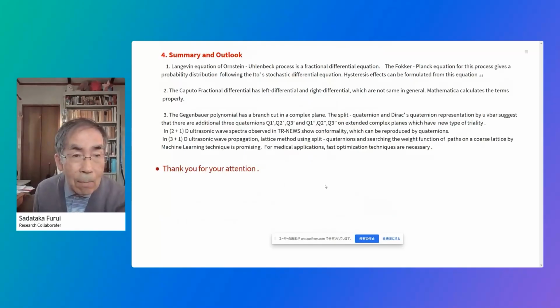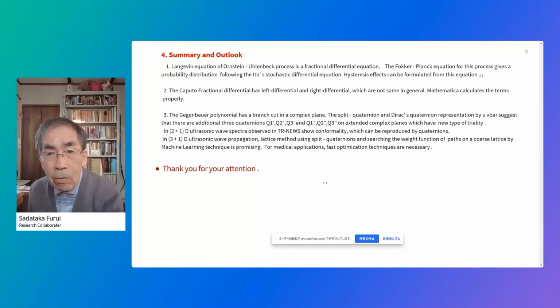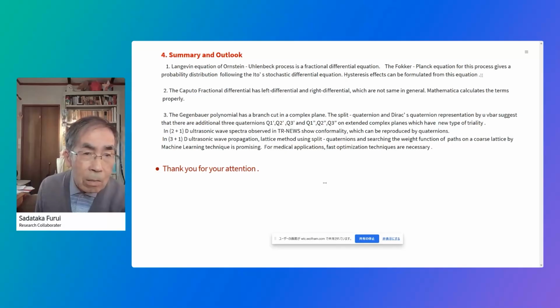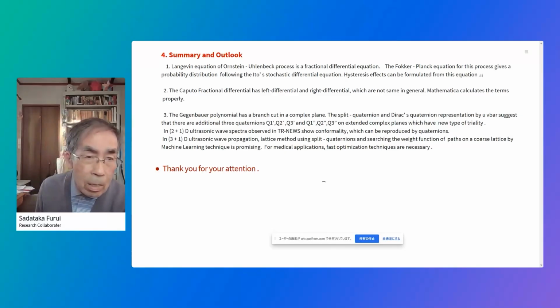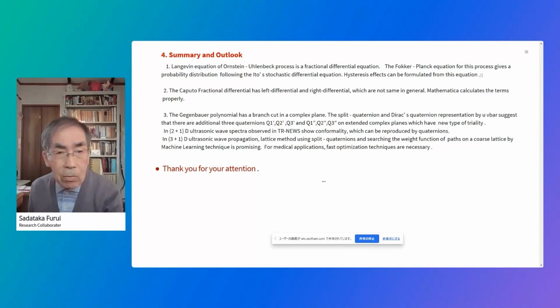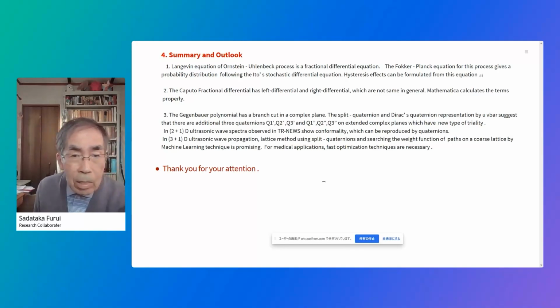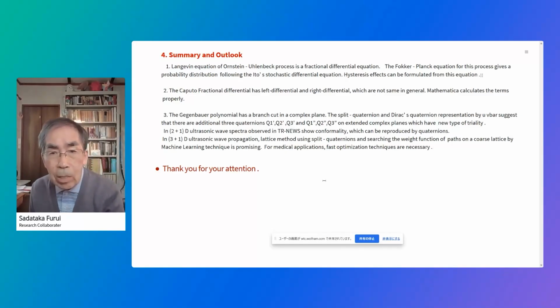So to summarize, the Langevin equation of quaternion Ornstein-Uhlenbeck process is a fractional differential equation, and the Fokker-Planck equation for this process gives a probability distribution following Ito's stochastic differential equation. Hysteresis effects can be formulated from this equation, and the Caputo fractional differential equation has the left differential and the right differential, which are not the same in general.